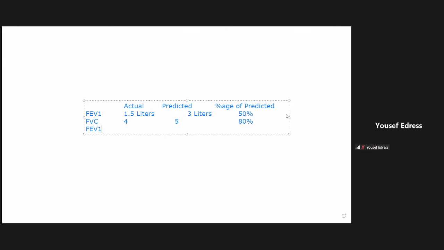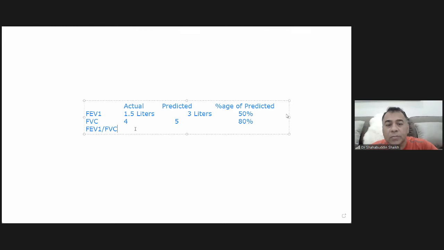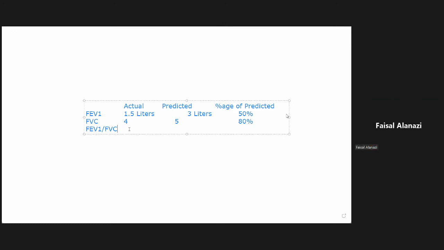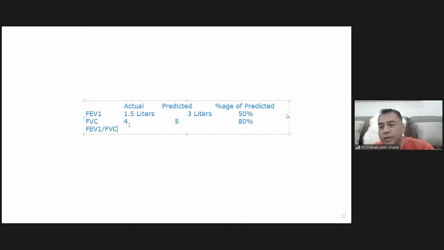Yes, doctor. Next and last question: the ratio FEV1/FVC. How much is the ratio of this person? Is it more than 0.7 or less than 0.7? Less. Much less, because it is less than 0.5, isn't it? FEV1 is less than 2, and 2 out of 4 will be 0.5.